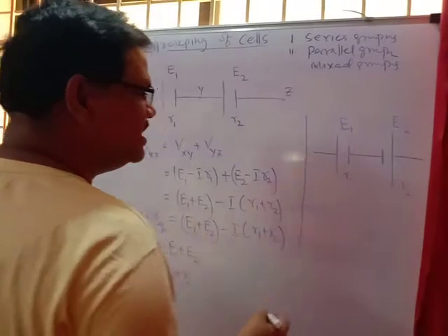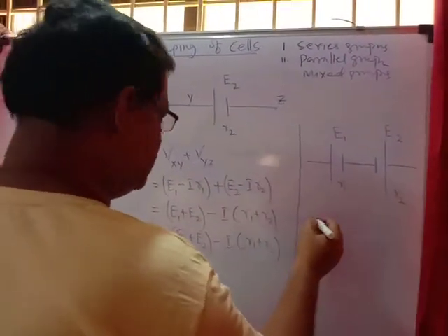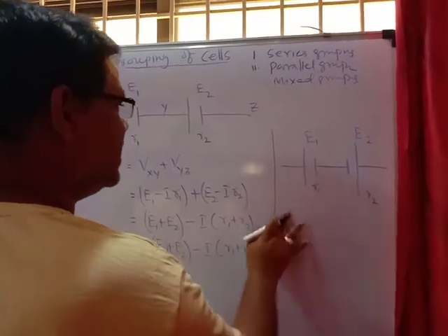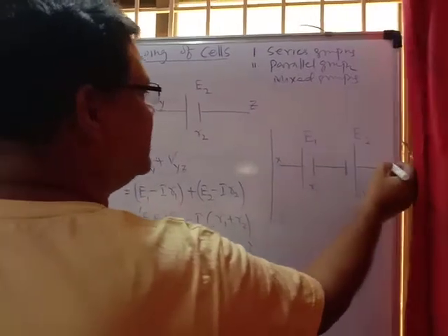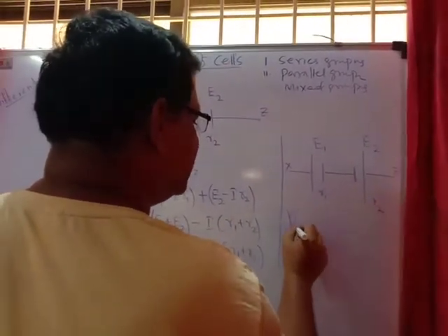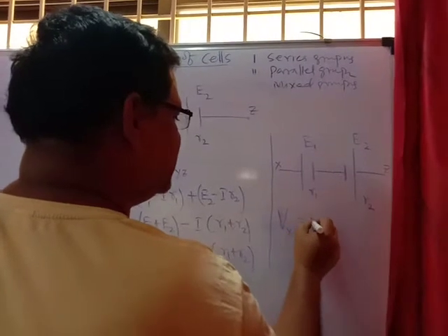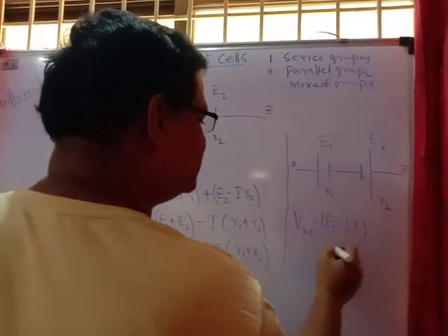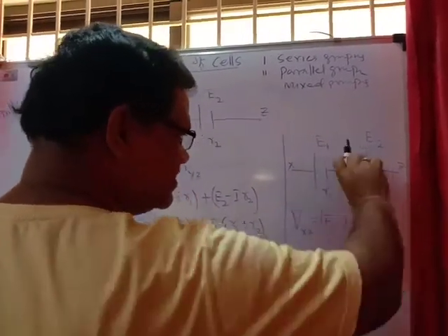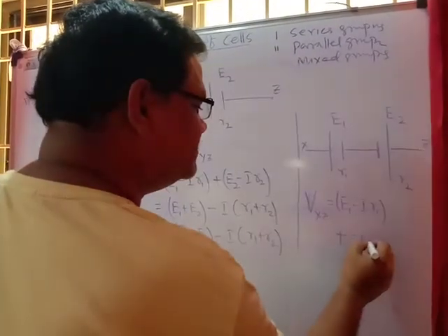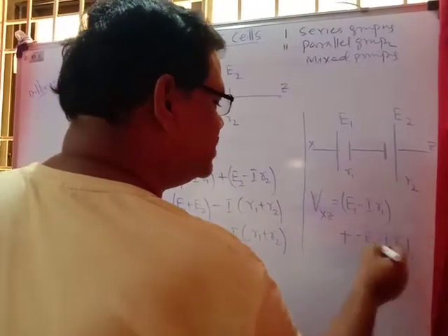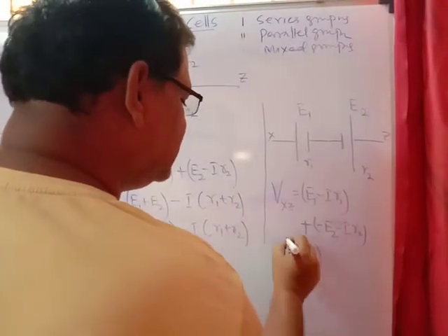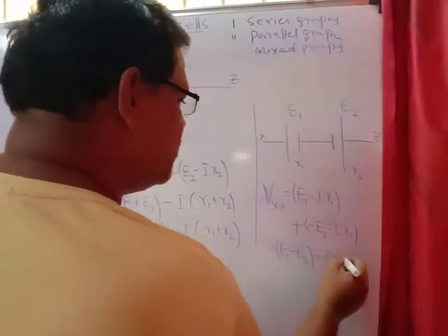The net PD, or E equivalent, between X and Z: Vxz equals E1 minus IR1 plus, and here the terminal polarity is changed, minus E2 minus IR2. So you find E1 minus E2 minus I taken out, R1 plus R2.